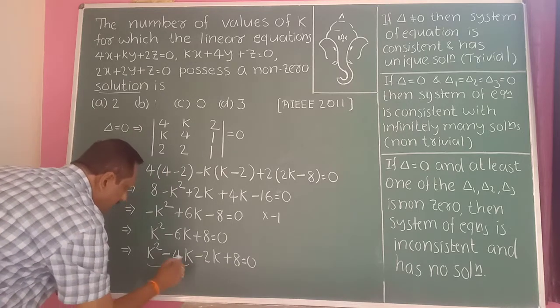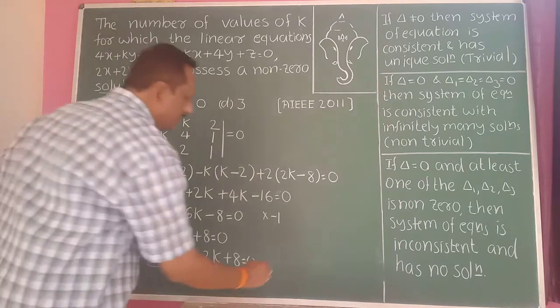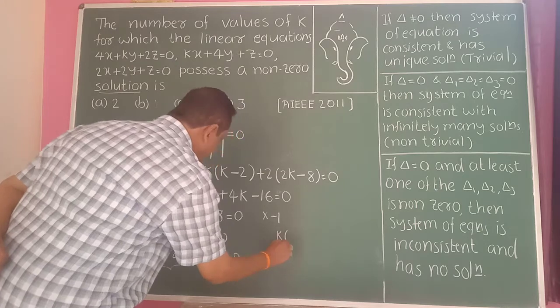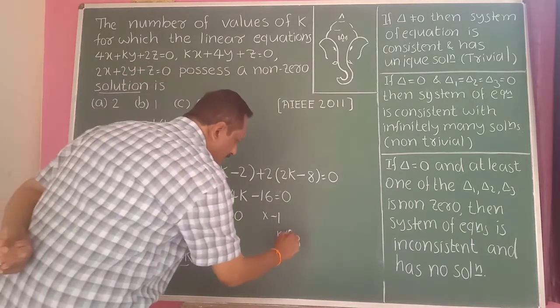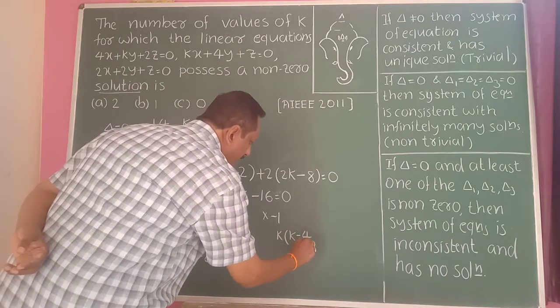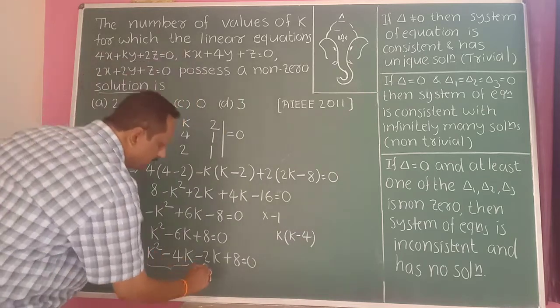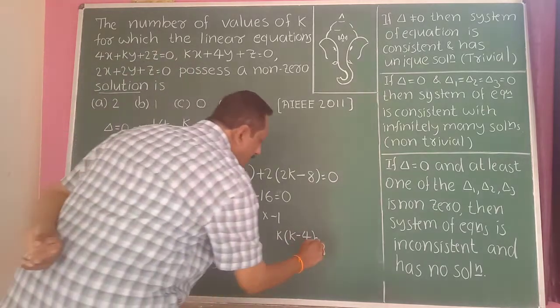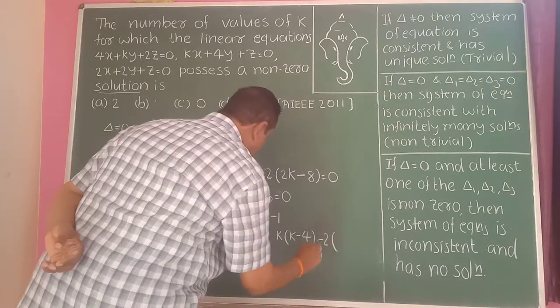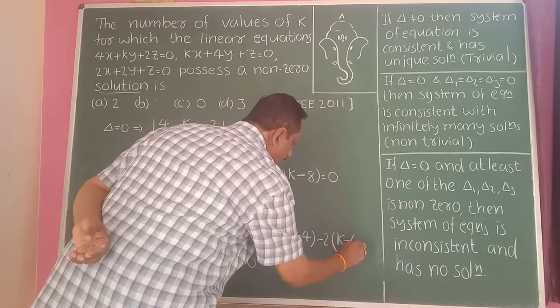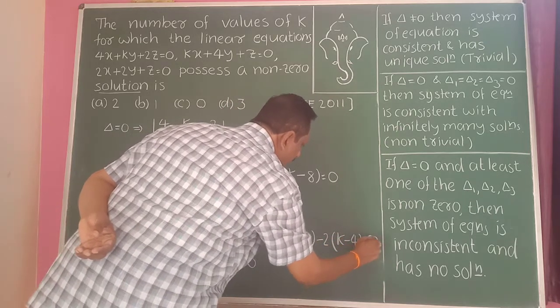From these two terms, k is the common factor here. Then k minus 4. Then minus 2 is the common factor here. Then the k minus 4, that is equal to 0.